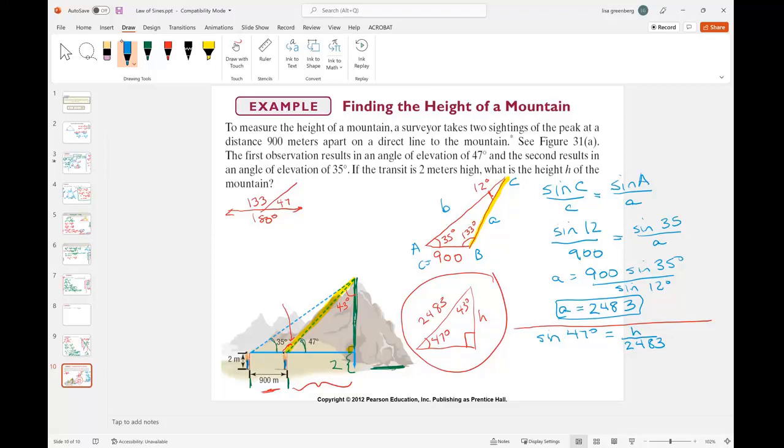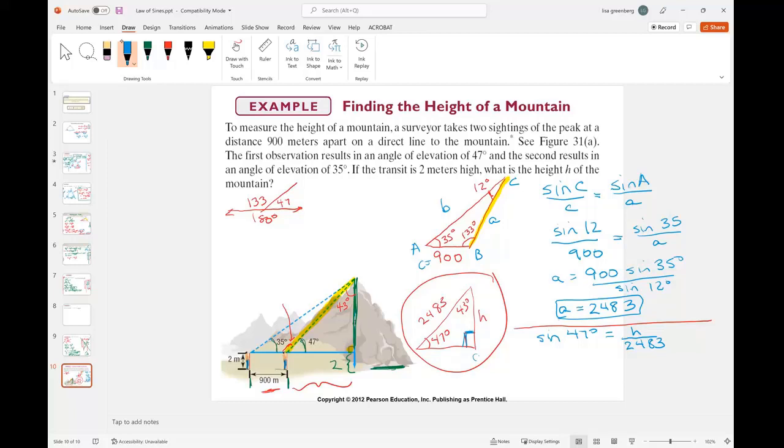We actually don't need to ever use the law of sines for a right triangle. The law of sines is really there for non-right triangles. Will it work with a right triangle? Of course it will, because here, if I use this as, say, C, what's the sine of 90 degrees?